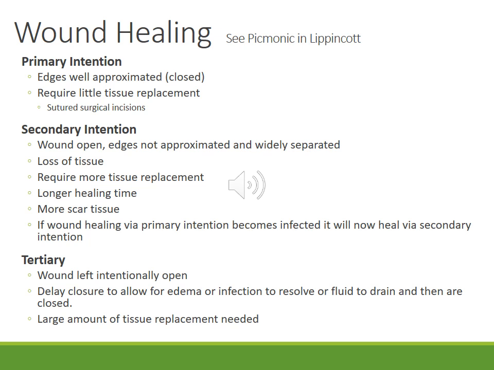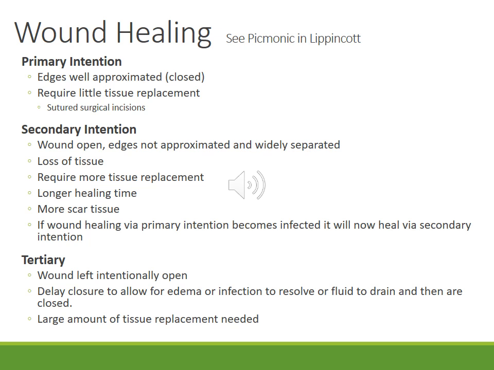But when we think about primary intention, again, I talked earlier about that surgical incision that's made, and it has these well approximated edges to the wound, and it closes easily, and it requires very little tissue replacement. And this is going to heal by primary intention. It's not going to take as long to heal. Again, we have that decreased risk of infection if it's done under a sterile technique.